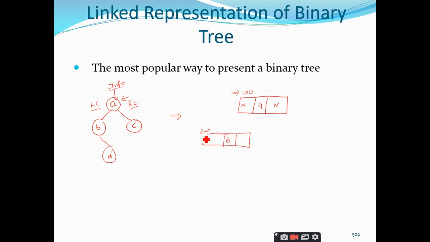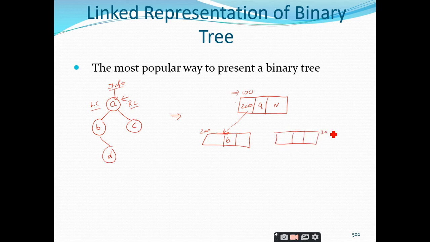I should store the address of this node in the left child address part of A. So I am going to store like this. That's it. So when I store like this, I have a pointer pointing from A to B like this, right?